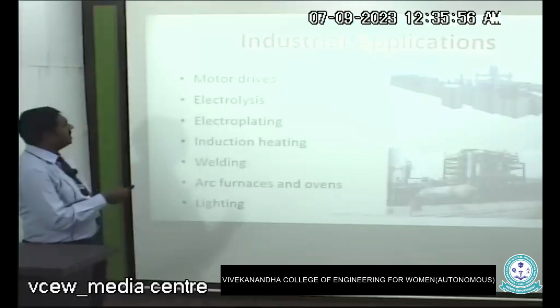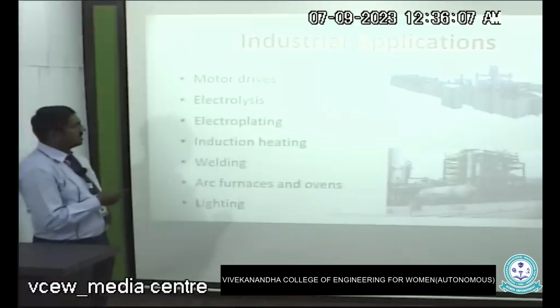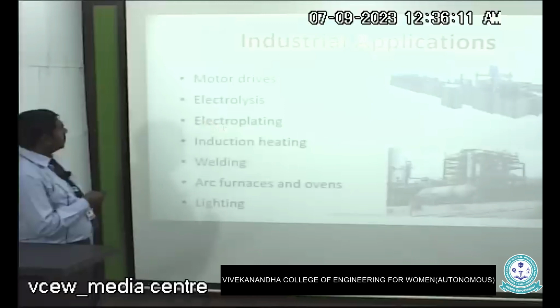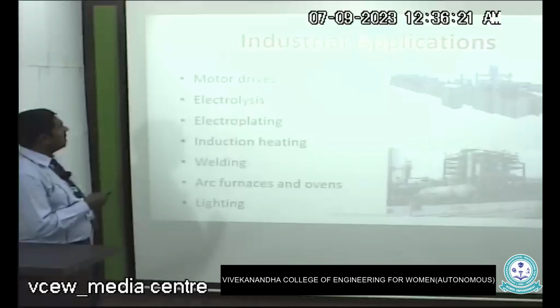First, power electronics in industrial applications. In industry you can run all the drives using power electronics: motor drives, electrolyzers, electroplating, induction heating, welding, arc furnaces and lighting. In all kinds of industrial purposes we use power electronics components.